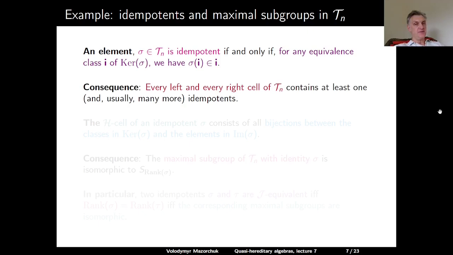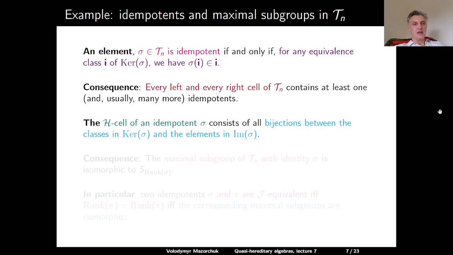Consequently, every left and every right cell of Tn contains at least one idempotent, because for any equivalence relation on n underlined, each equivalence class contains at least one element. So we can send this equivalence class to that element and thus construct an idempotent with this kernel. Of course, if there are equivalence classes that contain more than one element, then we will have more idempotents in those left and right equivalence classes.